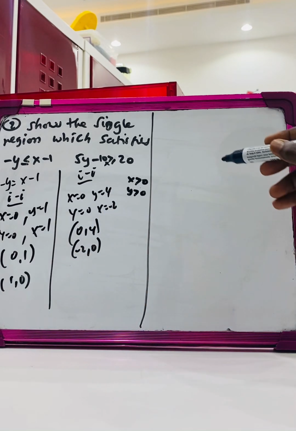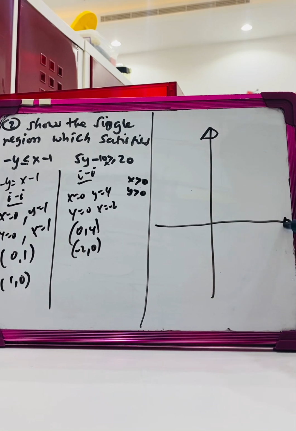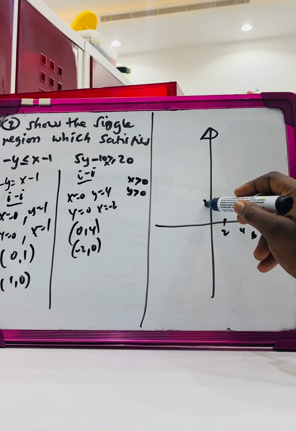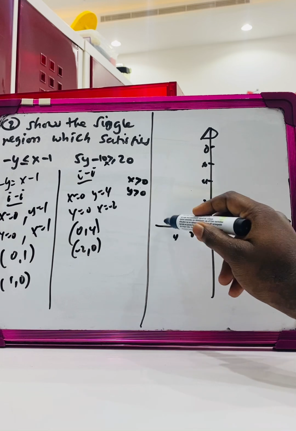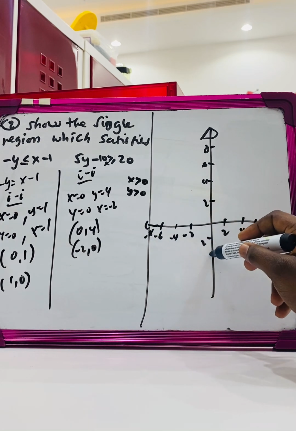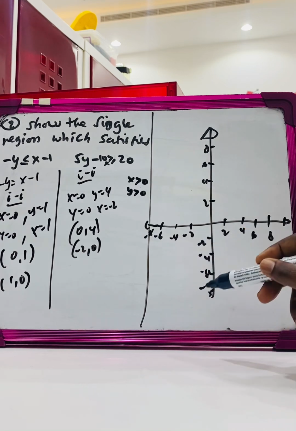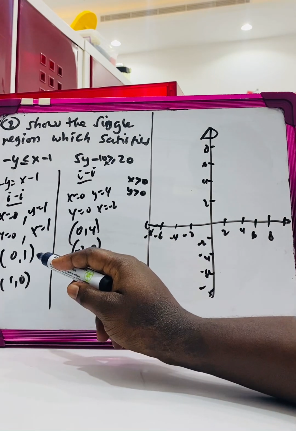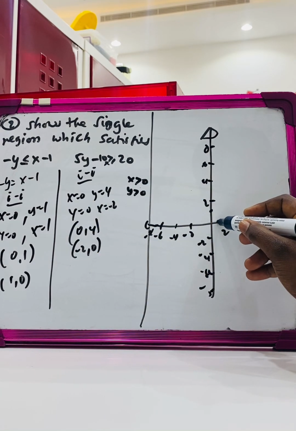Right away, I can draw the 2 lines. So the first one has 0, 1, and 1, 0. 0 and 1 is here, 1, 0 is somewhere here.